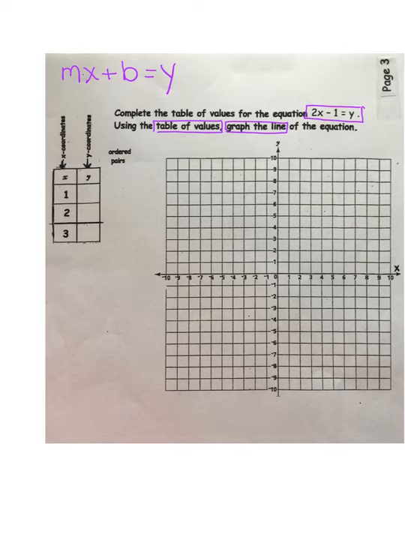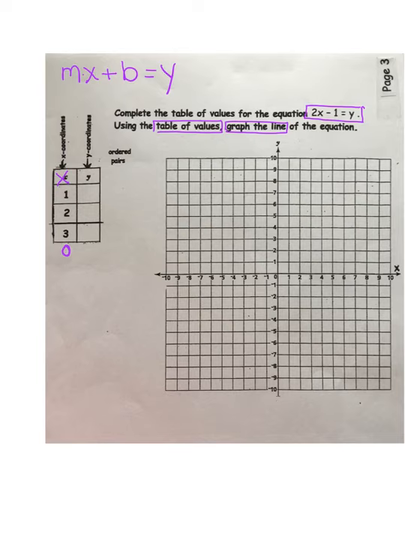Sometimes you get to pick your own x-coordinates, but in this case, our x values are 1, 2, 3, and I'm going to add a fourth value of 0. And our y-coordinates, well, we have to determine the y-coordinates using the equation.